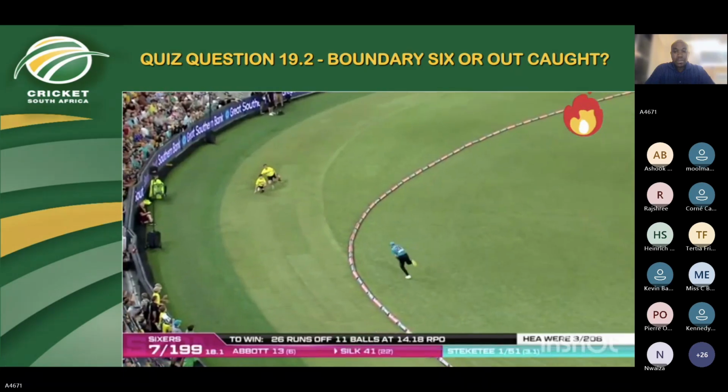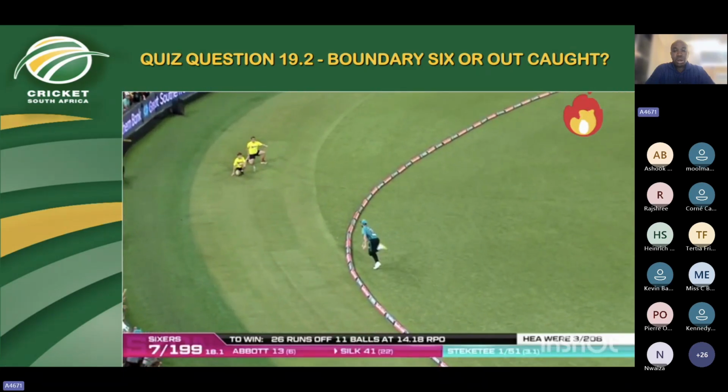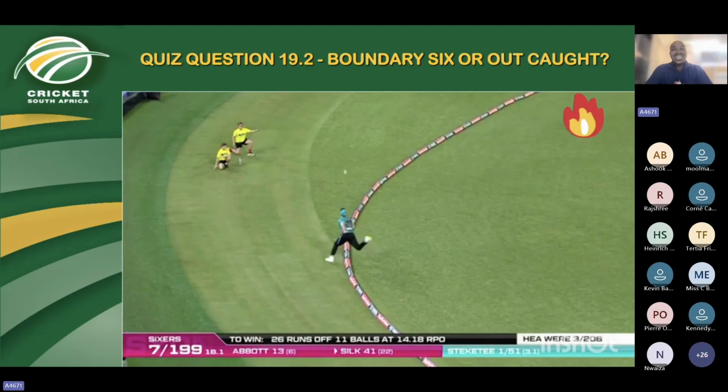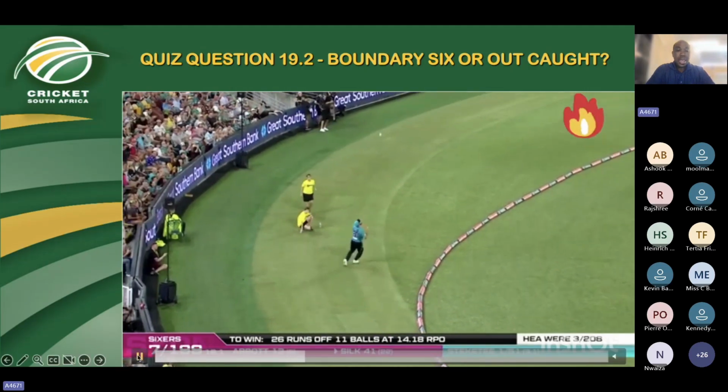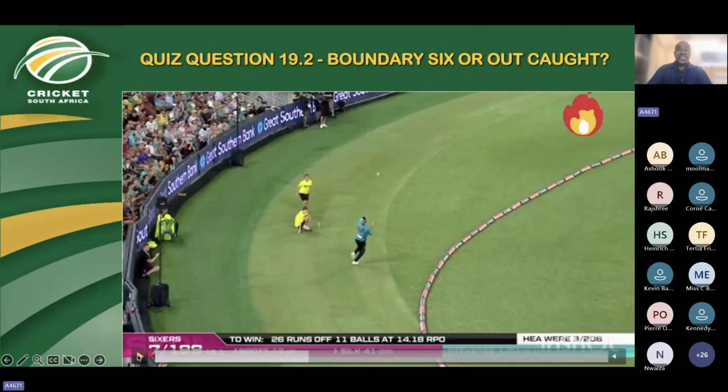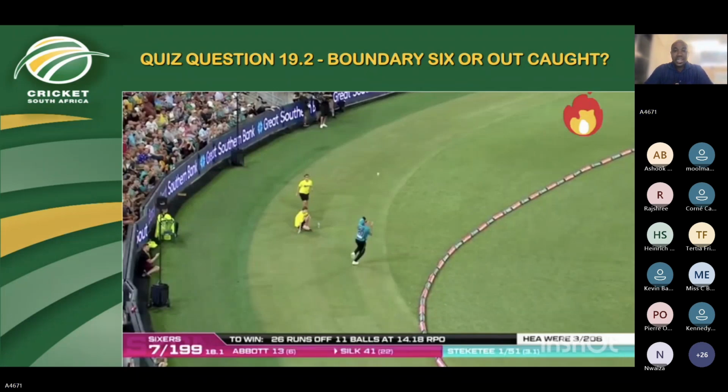The Marylebone Cricket Club, who are the custodians of the laws of cricket, have changed this law, and the change will be effective 1st of October 2026. Interestingly enough, the International Cricket Council have already applied the new law to their current playing conditions.